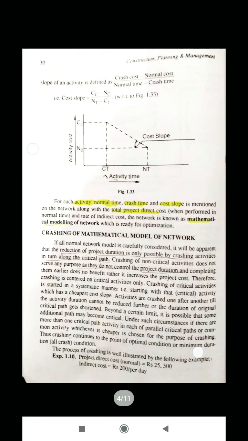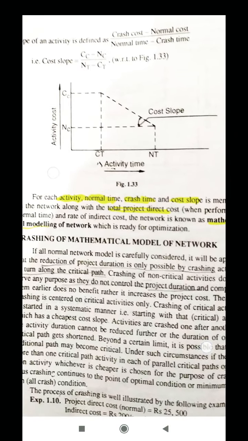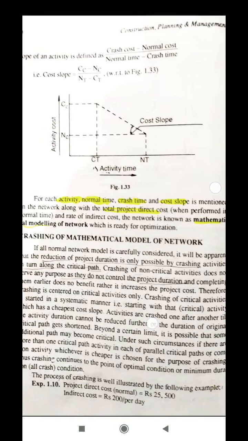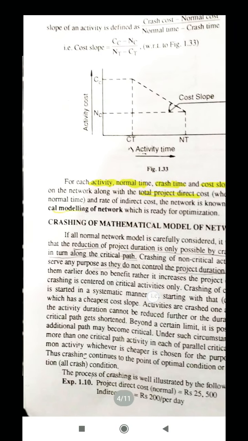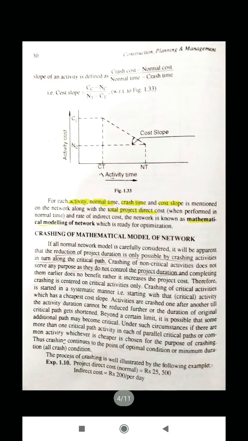Before we go into the crashing of the mathematical model of the network, just look here. Now we will see what was the need of finding out those critical activities that we figured out, when we calculated the total duration of the project in the previous examples.